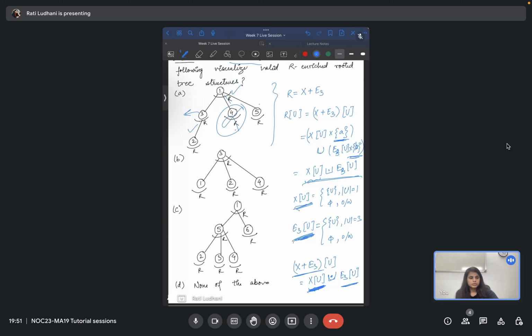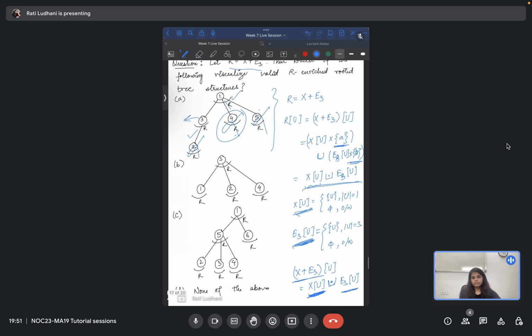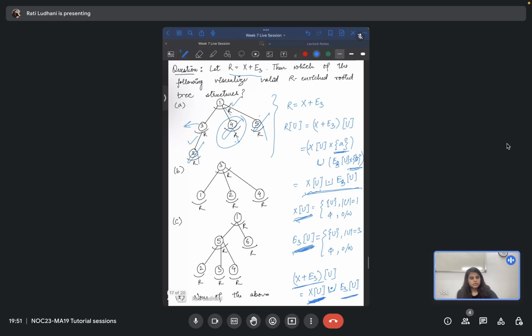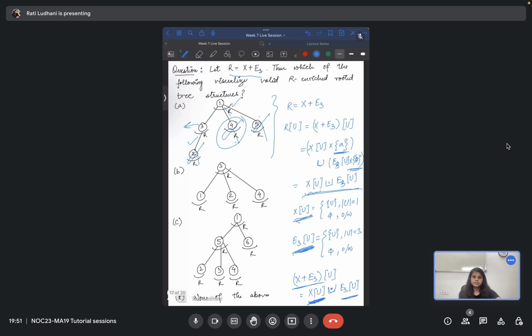That is the problem, so you cannot have anything here. Similarly, not here, not here. So the requirement is not fulfilled here. So this is a wrong structure. This cannot be an R enriched rooted tree. Is that clear? Yes, ma'am.